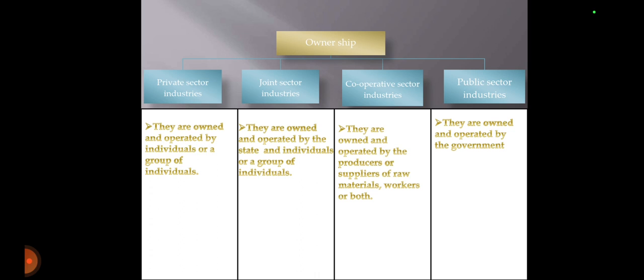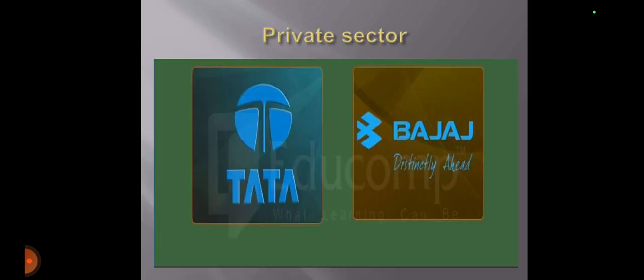Joint sector industries are owned and operated by the state and an individual or a group of individuals. Cooperatives are owned and operated by the producers or suppliers of raw materials, workers, or both. Now last is the public sector industry. They are owned and operated by the government.